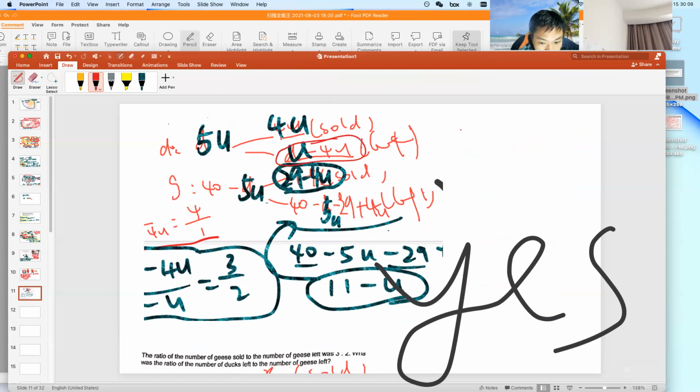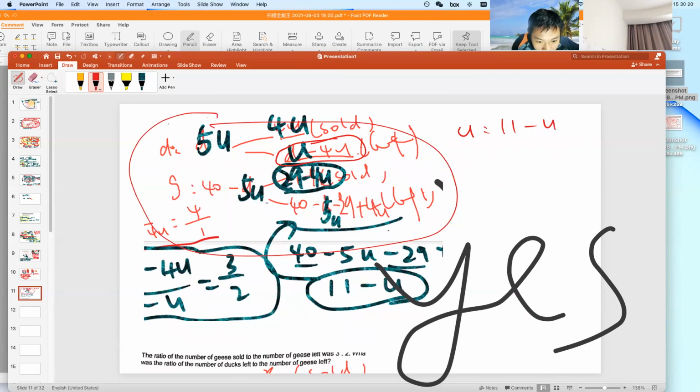So it's U. Then number of geese left, so it's 11 minus U. Okay, so with this diagram, I just picked, duck left is U. Then the geese left is simplified already, is 11 minus U. And then U is equal to 5. So it should be 5 to 6.